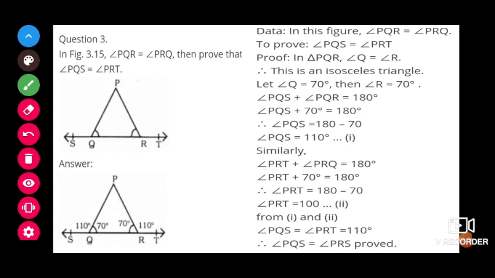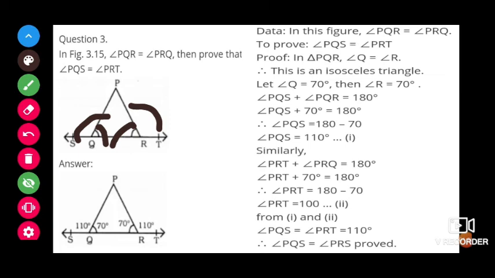Question number 3: in figure 3.15, if angle PQR is equal to angle PRQ, prove that angle PQS is equal to angle PRT. Here, if both these angles are equal, by general logic, the entire figure is standing on one straight line.